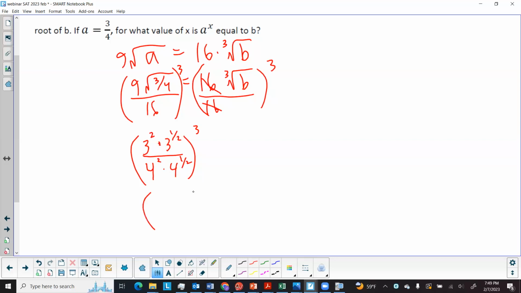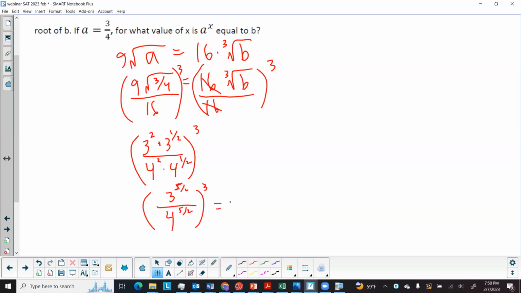And then I said, okay, so let's simplify inside of here. So the inside of here is 3 to the 5/2, to the third, and that's 4 to the 5 halves.